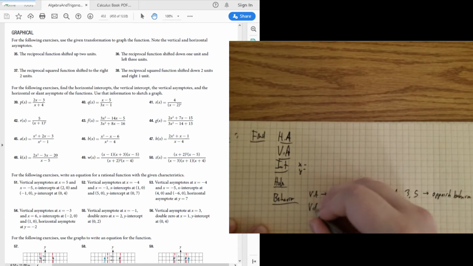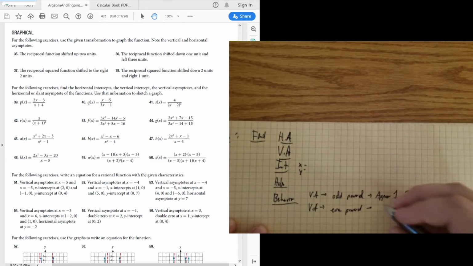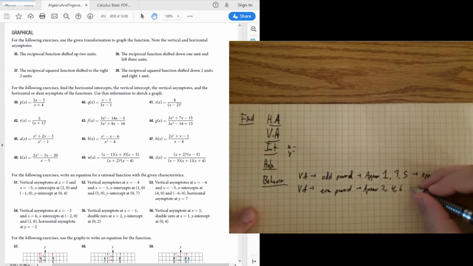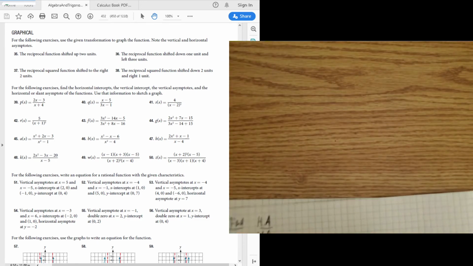If your vertical asymptotes are even powered, meaning one answer appears 2 times or 4 times or 6 times, they're going to have same behavior. Again, look at our old notes, make sure that makes sense.